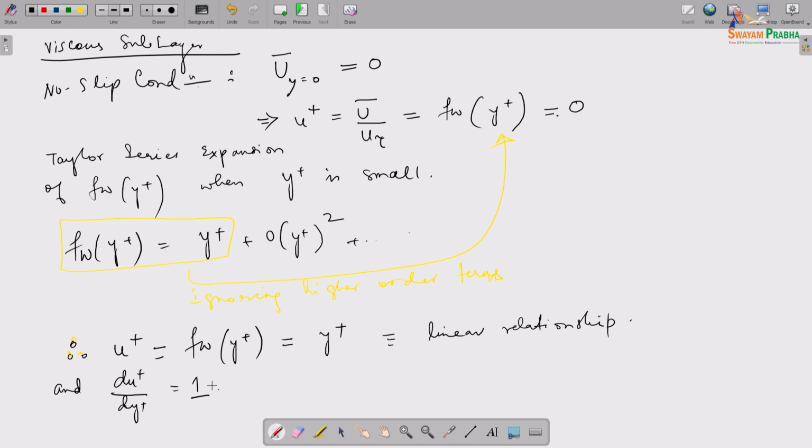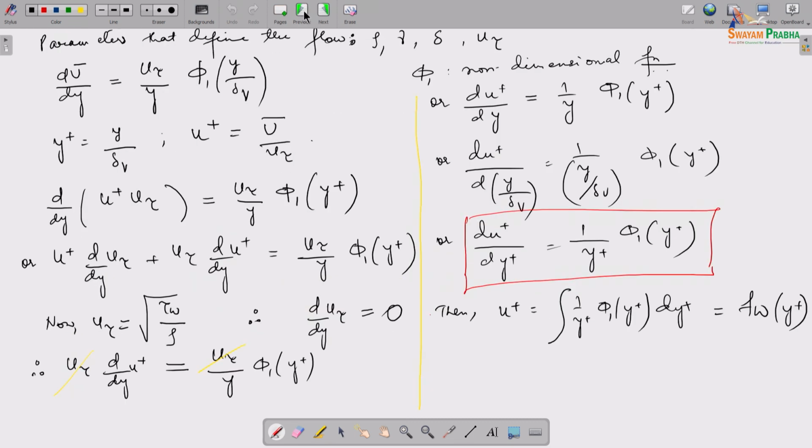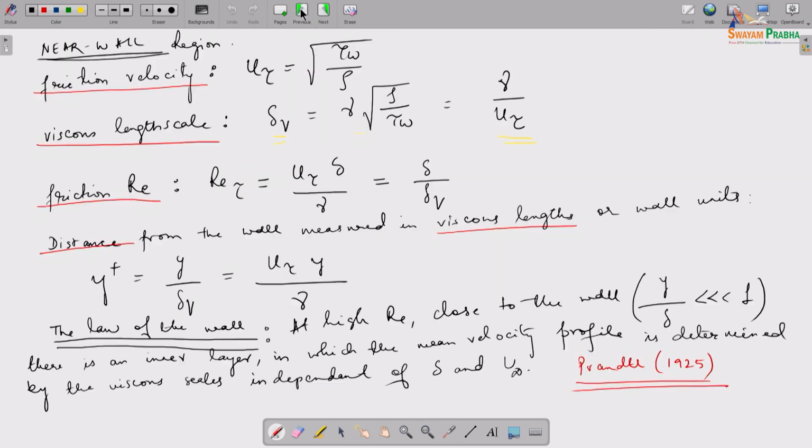Now, I will do a few things. This was the law of the wall. We said that things are a little different very close to the wall, and we defined some viscous length scales.